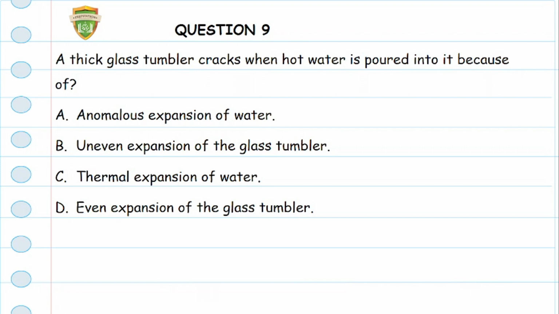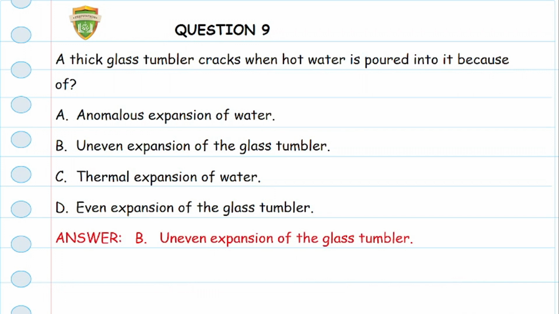In this case, the answer is the uneven expansion of the glass tumbler, which is option B. What happens is that the inner surface of the glass tumbler becomes hot and it expands more quickly than the outer surface. Since the inner surface is expanding at a quicker rate than the outer surface, that's what causes the glass tumbler to crack.